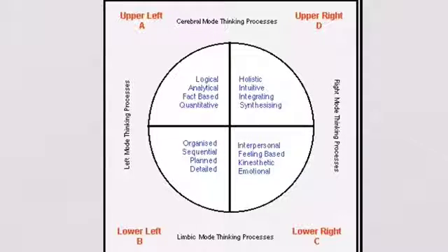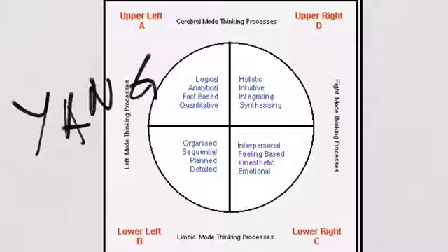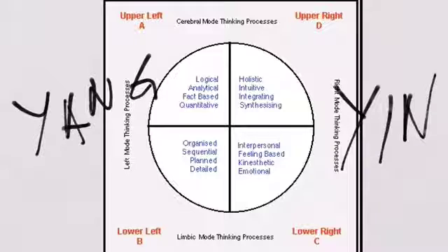But in many ways, we normally consider in cognitive developmental theories that the left brain basically holds the yang, and the right hemisphere of the brain basically holds the yin.